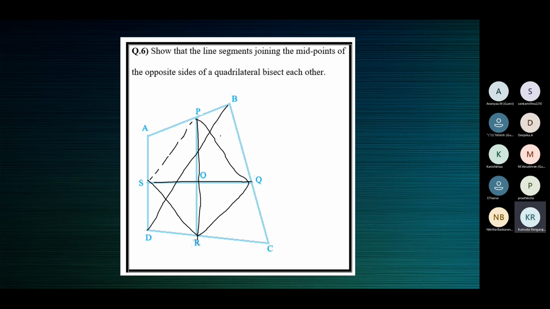This construction is to prove that PQRS is a parallelogram. It's similar to the first exercise, where we proved that the quadrilateral formed by joining the midpoints of a quadrilateral is a parallelogram.